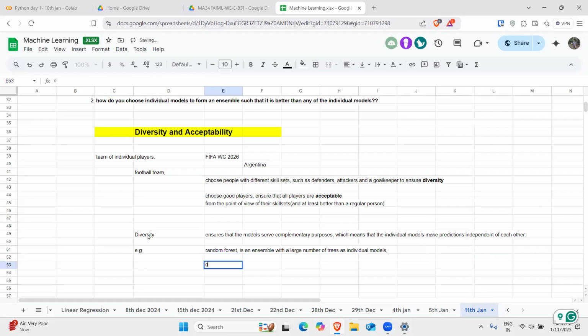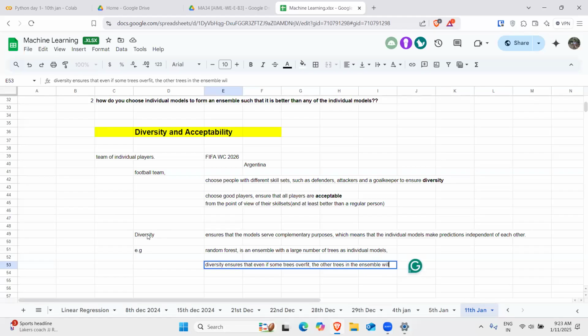And what diversity does is ensure that even if some trees overfit, the other trees in the ensemble will neutralize the effect.